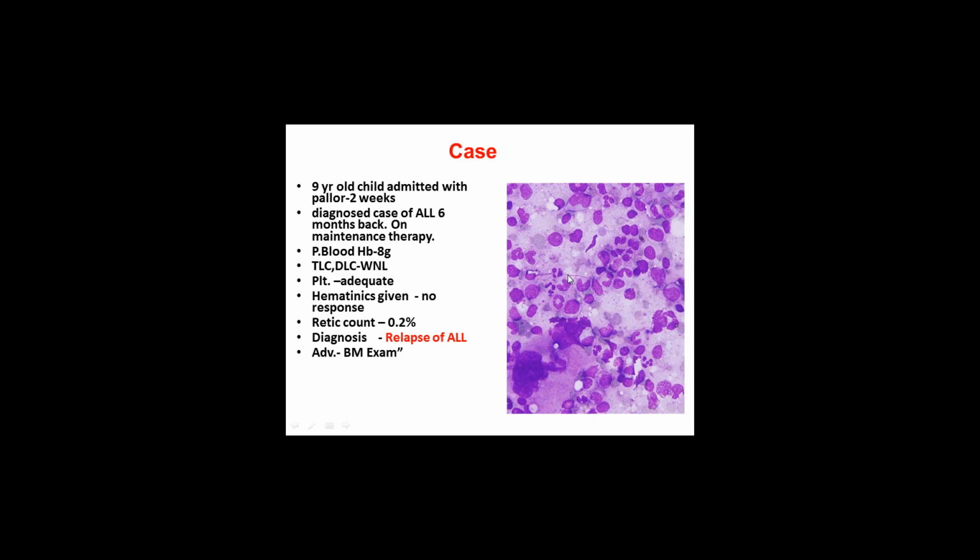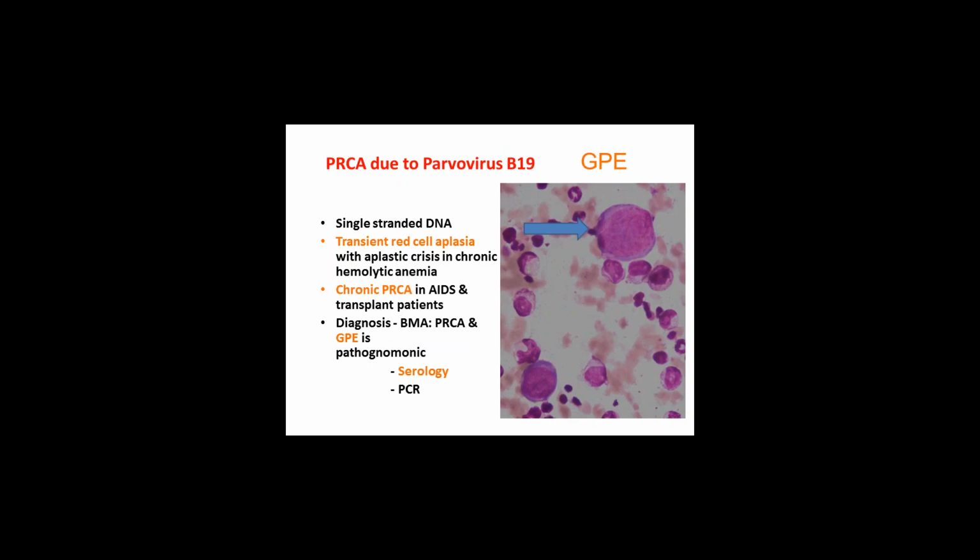In such cases, we should always think of red cell aplasia, pure red cell aplasia, and search for such large erythroblasts, which are generally seen because of a parvovirus infection. Now, although the nucleolus is not very clear in this cell, I'll show you in the next step that the nucleolus is clear.